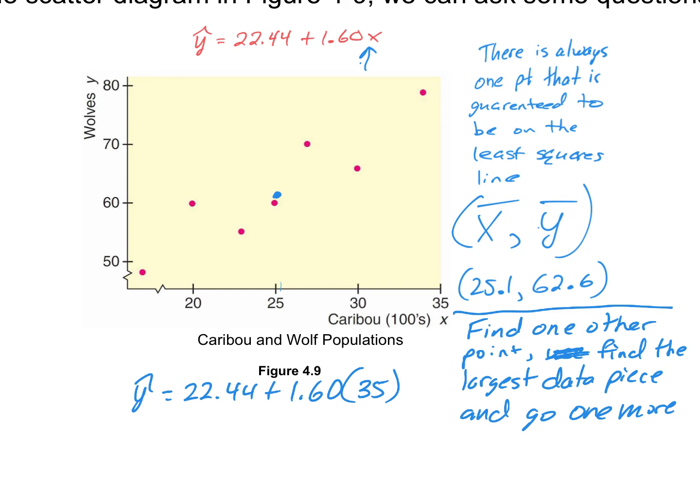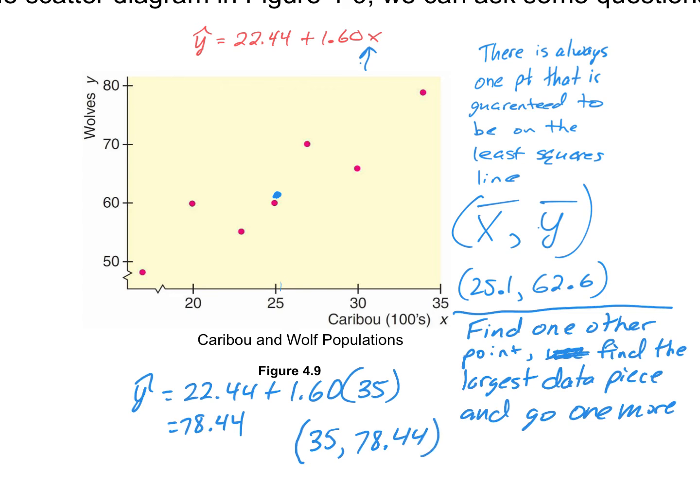We're going to do that little problem: 22.44 plus parenthesis 1.6 times 35. Ladies and gentlemen, this yields 78.44. So if you think about it very carefully, we plugged in a 35 and we got 78.44 in return.